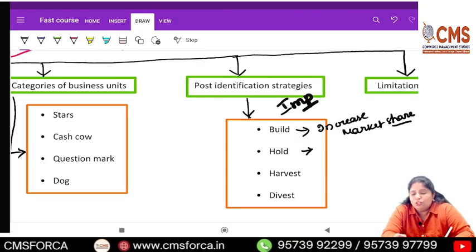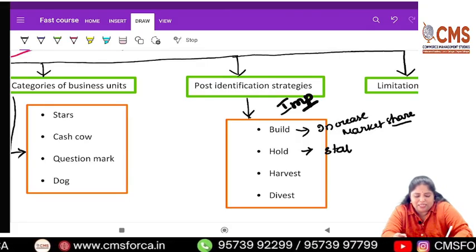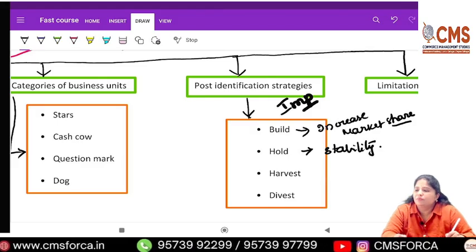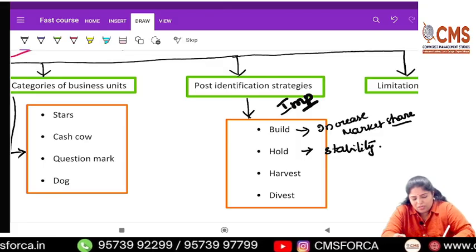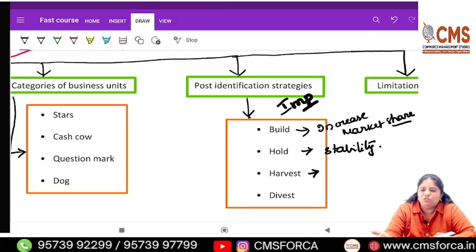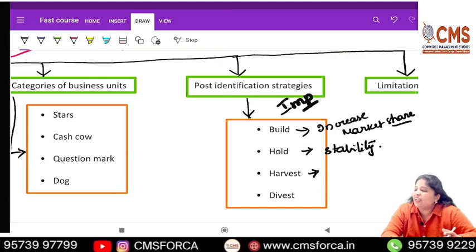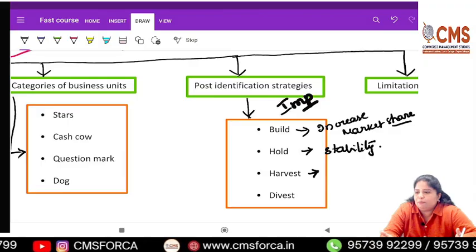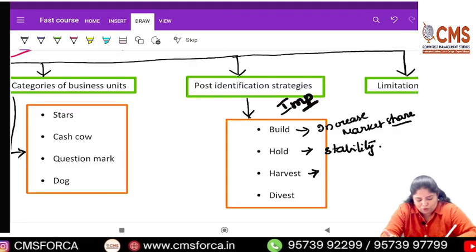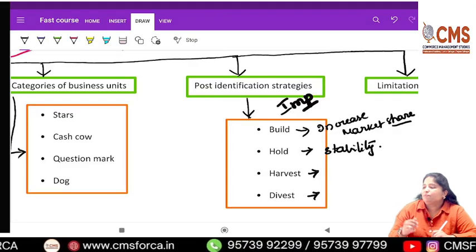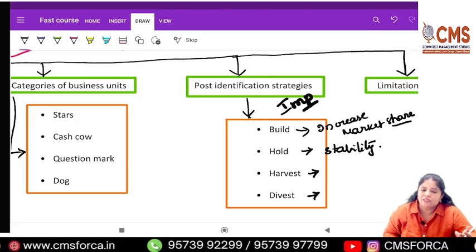Hold means you try to maintain stability. Harvest means, as we just discussed, you keep reaping all the profits and try to invest them somewhere which is a better place and where you can see good profits. Divest. Where do you divest?